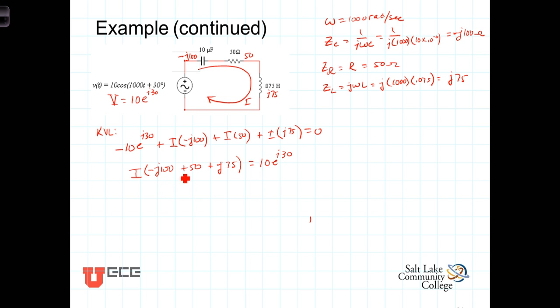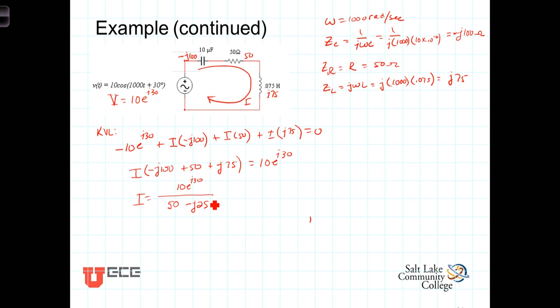I have a negative j 100 plus j 75. That gives us a negative j 25 plus 50. Dividing both sides by that term then gives us that I is equal to 10 e to the j 30 divided by, writing the real part first, 50 minus j 25.